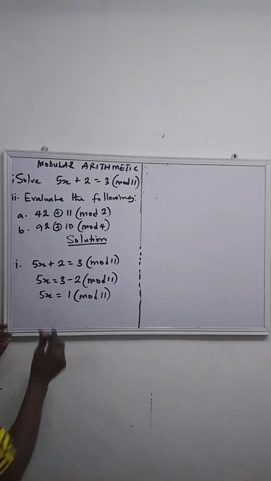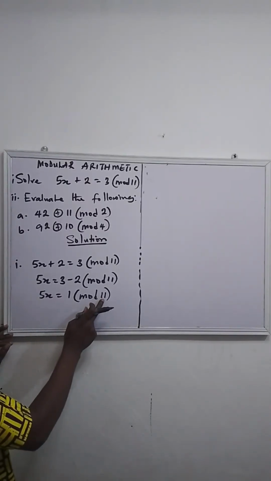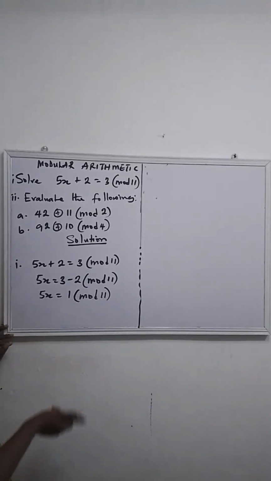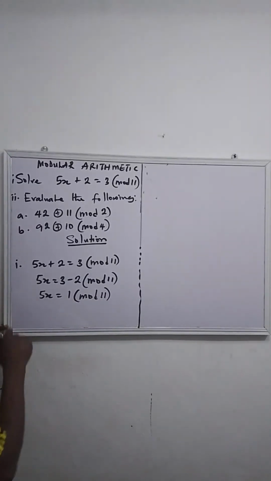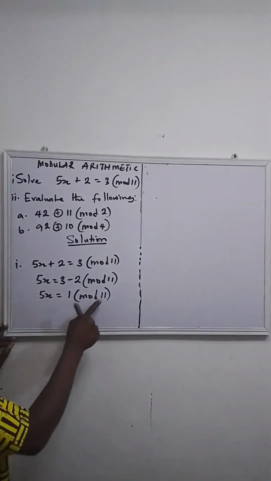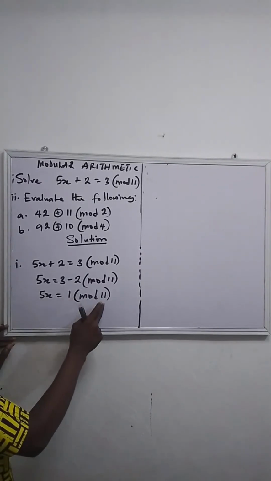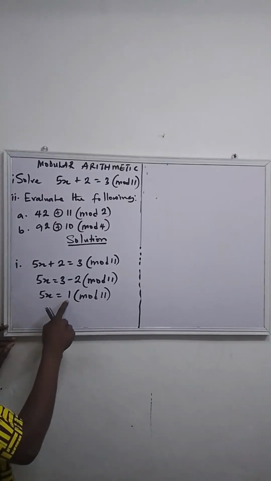All right, so here you begin to add multiples of 11 to what we have here until you get to a number that will be divisible by 5, if possible. So if you add 11 to this, you have 12, and 5 will not go into 12 completely.